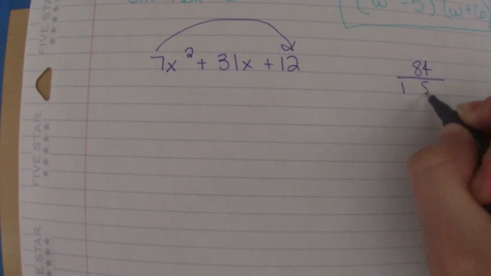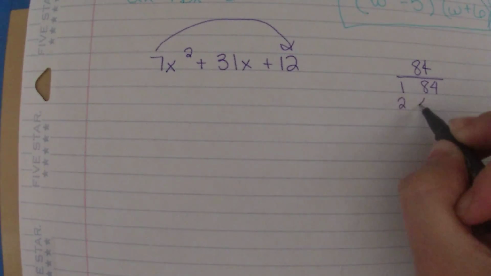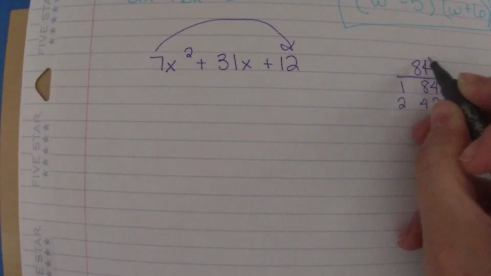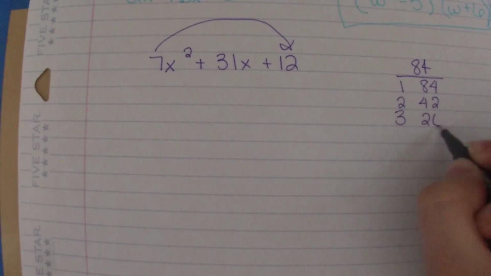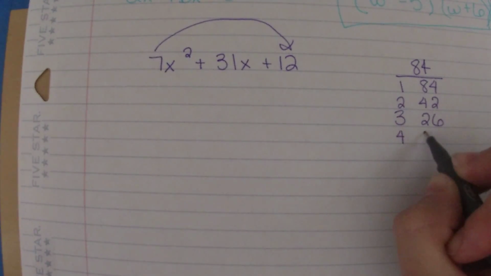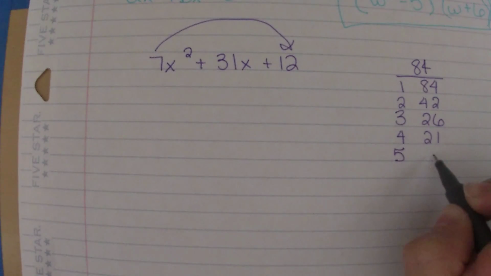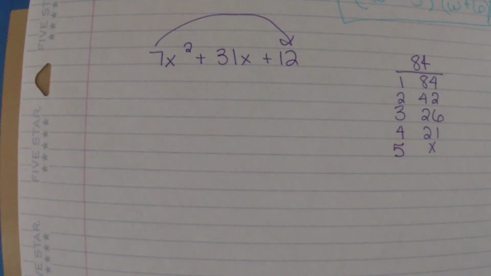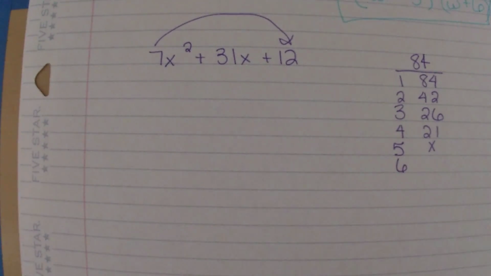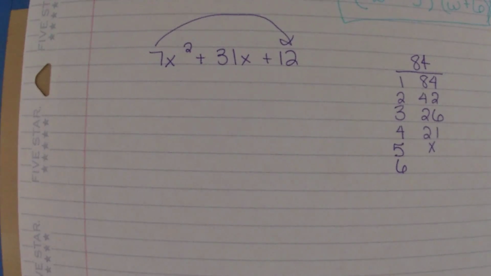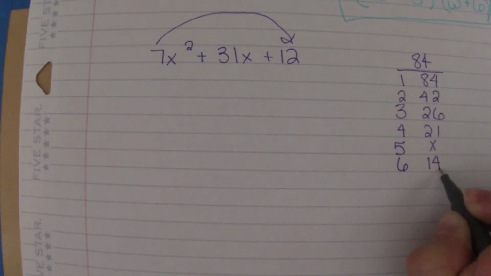So 1 times 84, 2 and 42, 3 and 28, 4 and 21, 5 and nothing. Let's see. 6 and 14.